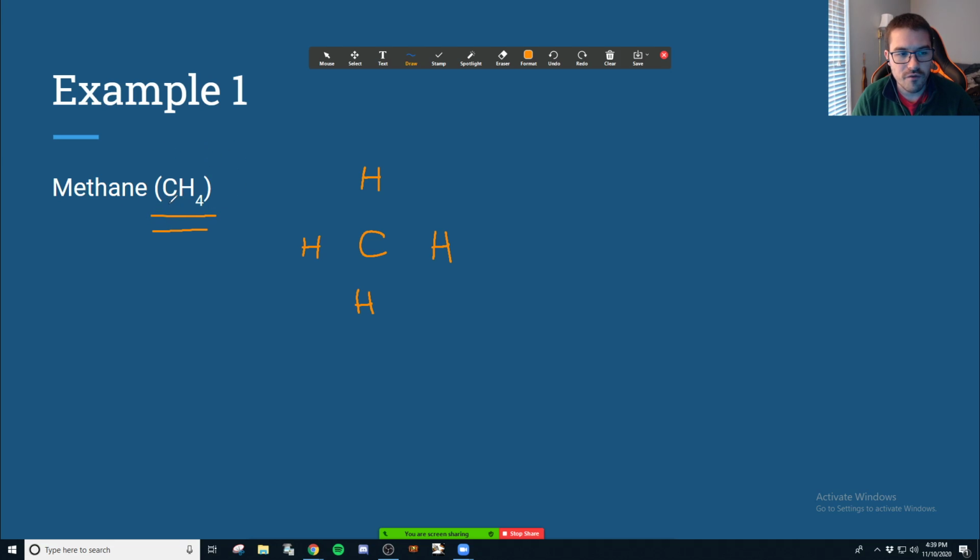Okay, so what I've done here is I've drawn my 1 carbon and my 4 hydrogens out like this. You might wonder, well, how do I know that they're arranged like this? It's hard to teach you rules about this. Generally speaking, hydrogens are not central atoms. Carbon, if it's present in a compound, usually is a central atom, meaning it's sort of in the middle.